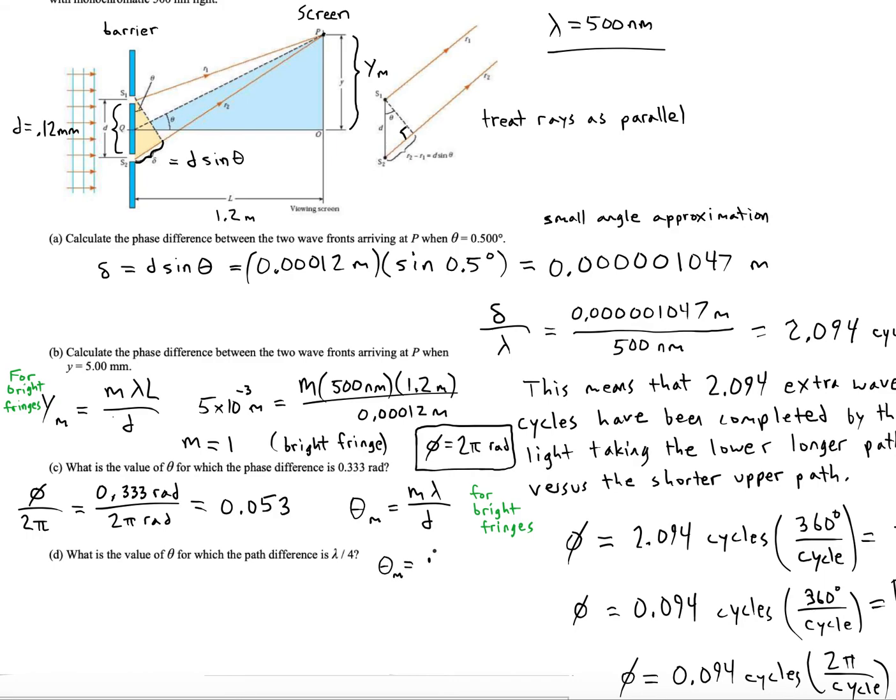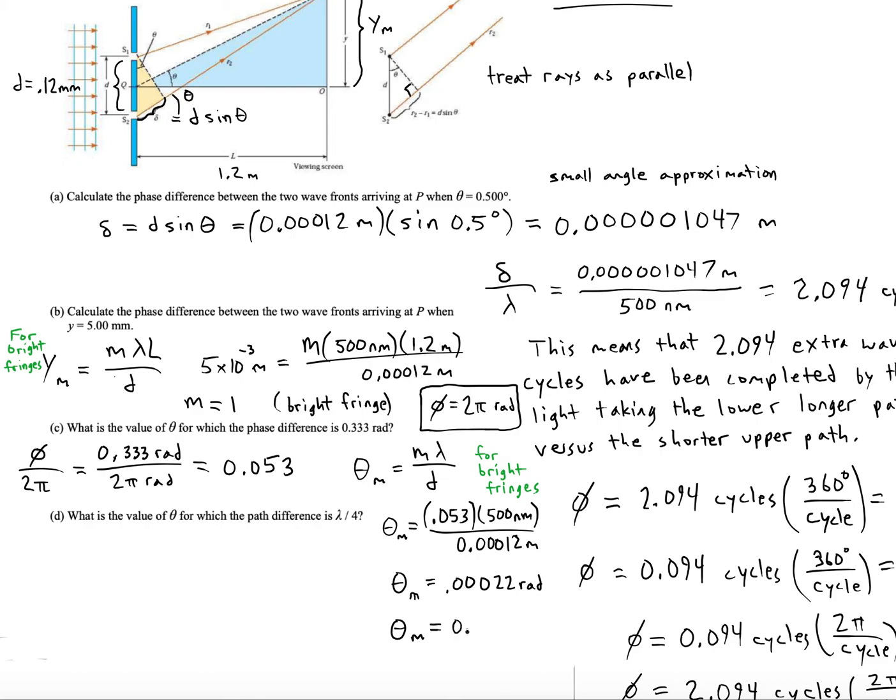Let it be that 0.053 of a wave has been completed. Multiply by our wavelength, divide by slit separation. So the angle, which is this angle here, is going to be 0.00022 radians. If we convert that to degrees, it's 0.0127 degrees.